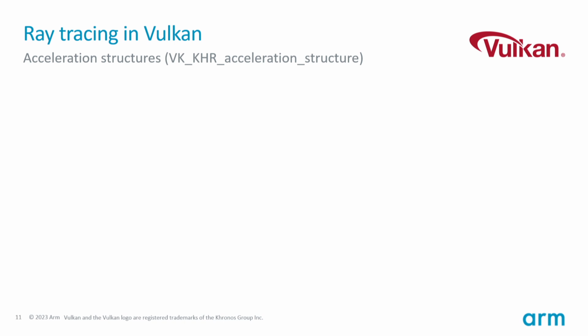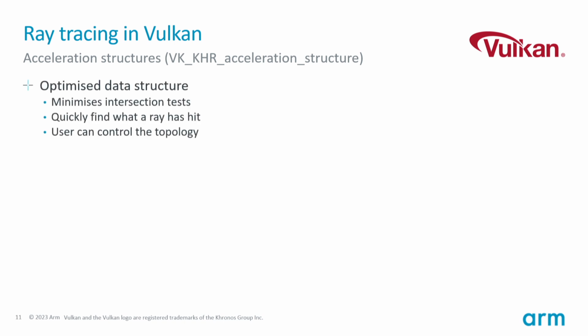For ray tracing, the first thing we need is an acceleration structure for our scene. An acceleration structure organizes the geometry so that we can efficiently narrow down the ray intersections.